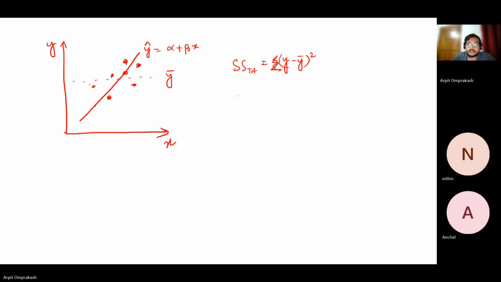Right. Then we have SS error or residual, which is basically based on this line that we have predicted. So for all of these y values, how different are they from that line? So that is basically the summation of y minus y hat.